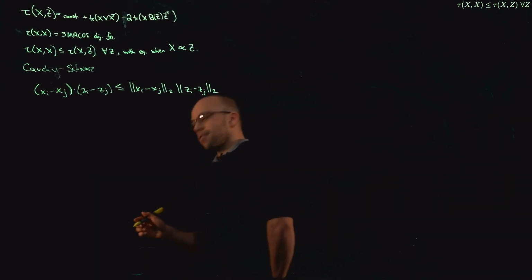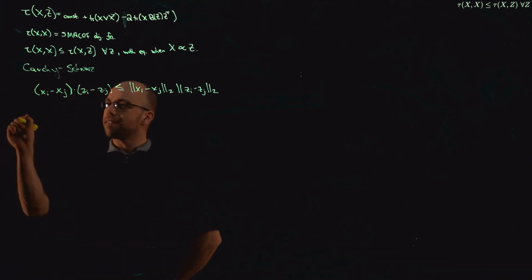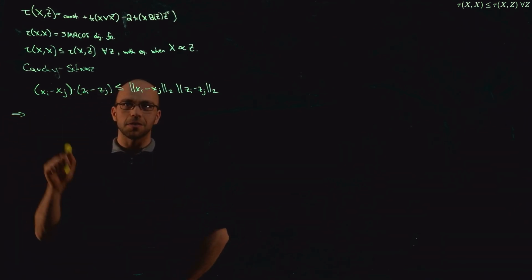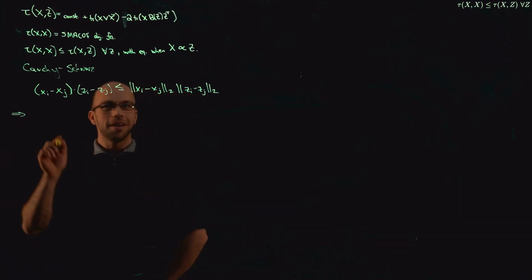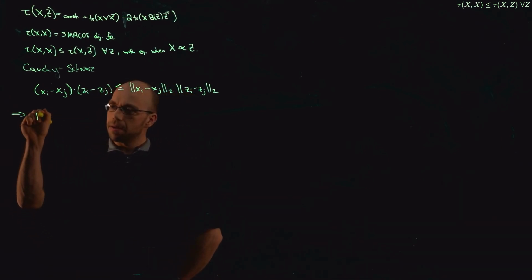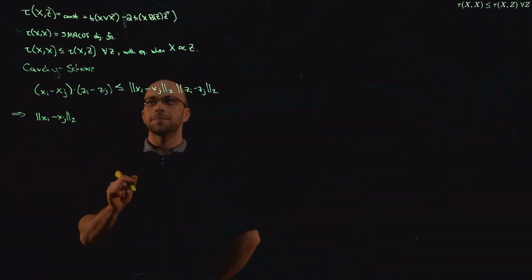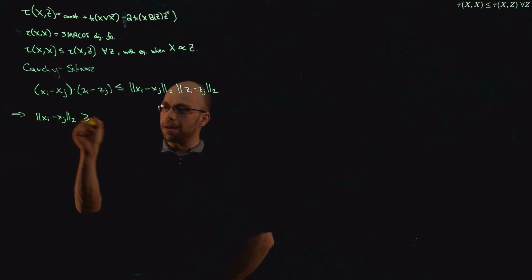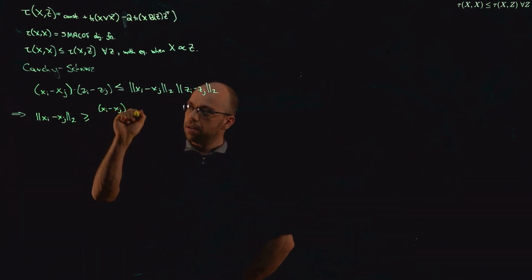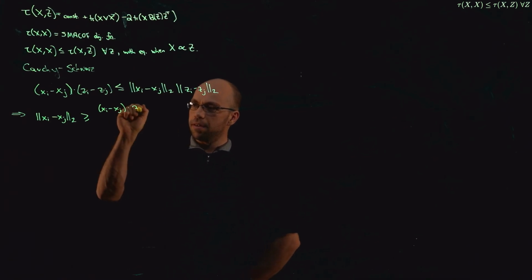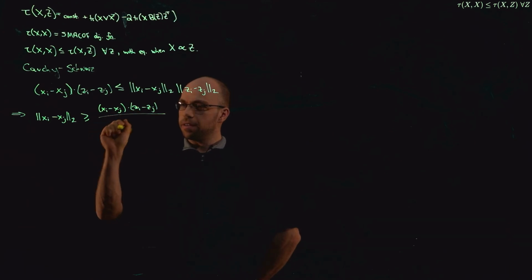Okay, so a different way that we can write this, we can reshuffle a little bit and say that this is equivalent to, at least in the case where we're not dividing by 0, the 2-norm of x_i minus x_j is upper bounded by the dot product of x_i minus x_j with z_i minus z_j, divided by the norm of z_i minus z_j.